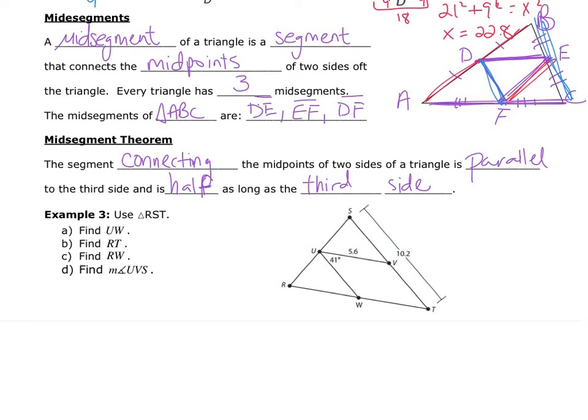So when we're looking at our triangle RST down here, we need to put some different measurements in here. So if V is the midpoint, that means that these are congruent to each other. So that means that each of those would be half of 10.2, so only 5.1.